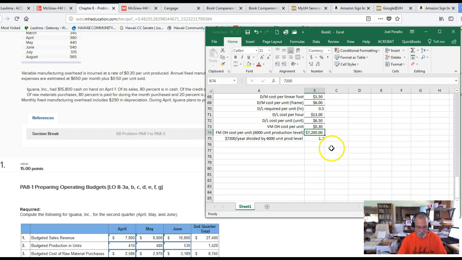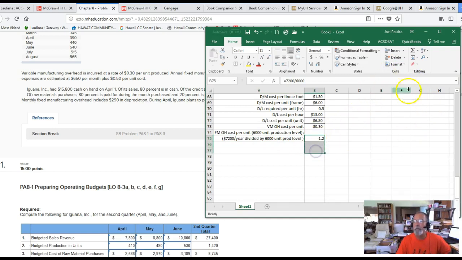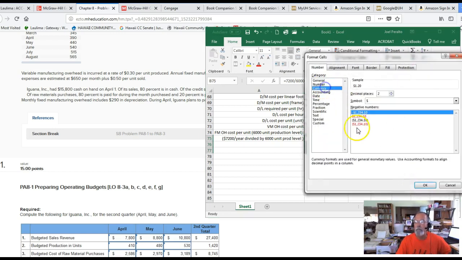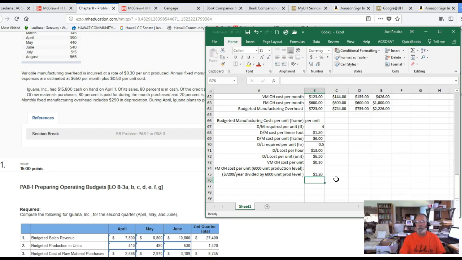Okay. That shortens that calculation. Okay. So this would be variable manufacturing plus fixed manufacturing overhead per unit.